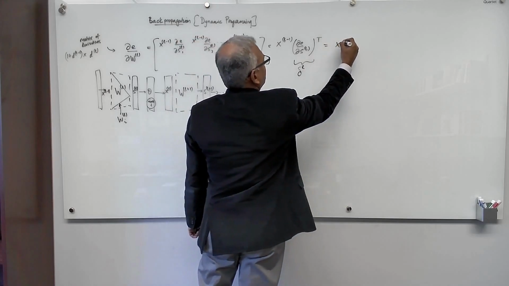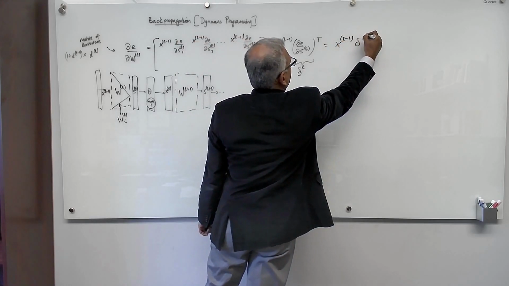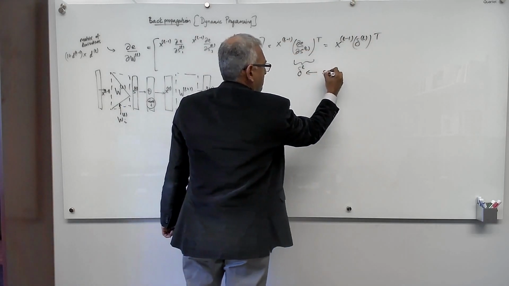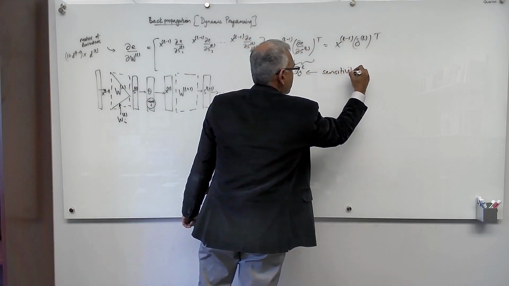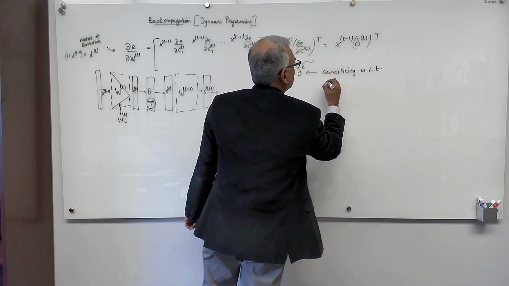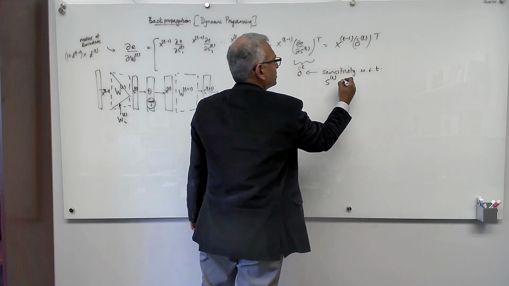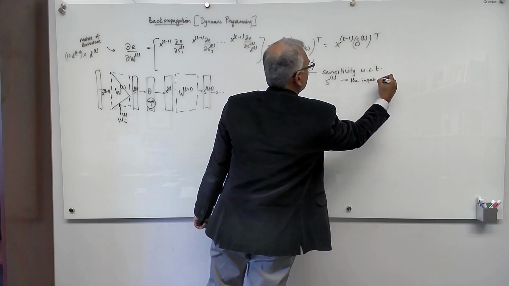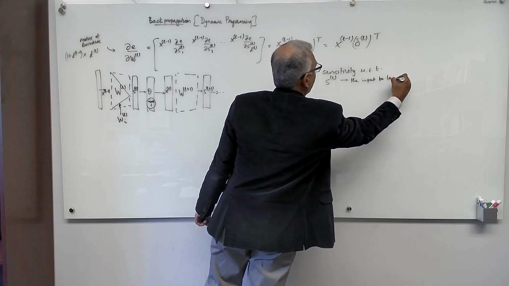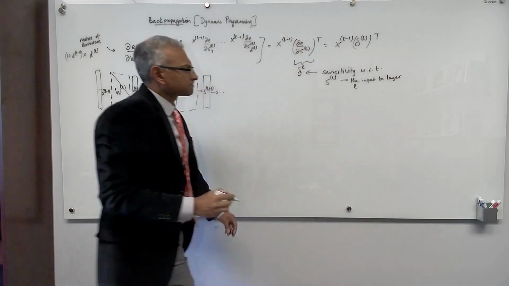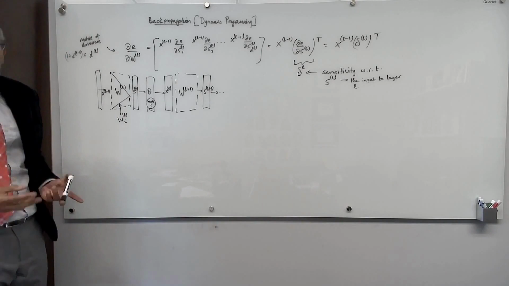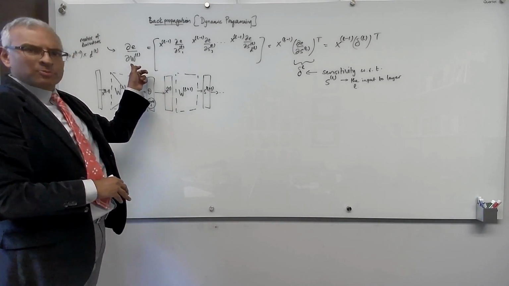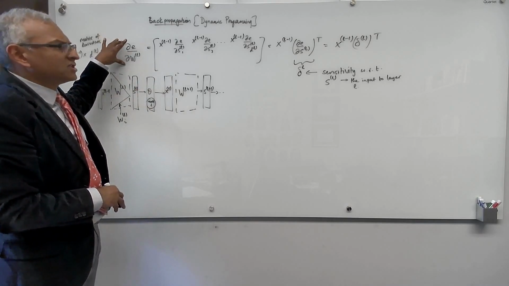And so this is x_{L-1} delta_L transpose, where delta_L is the sensitivity with respect to S_L, the input to layer L. Okay, so there, I have gotten an expression for this matrix of derivatives.